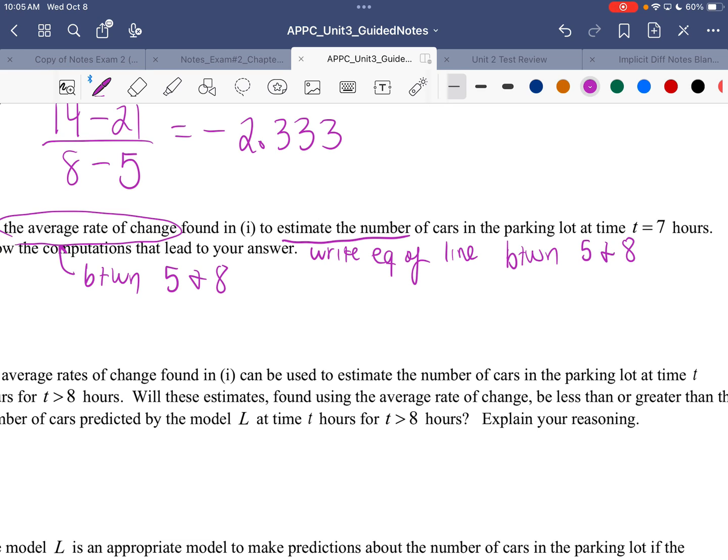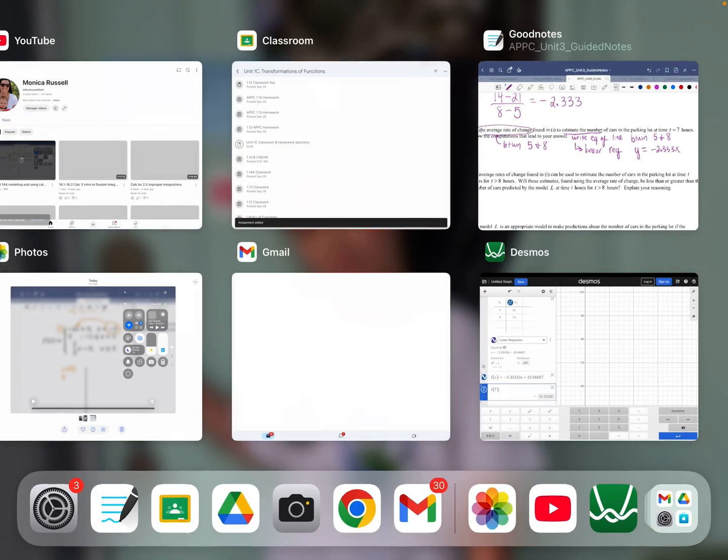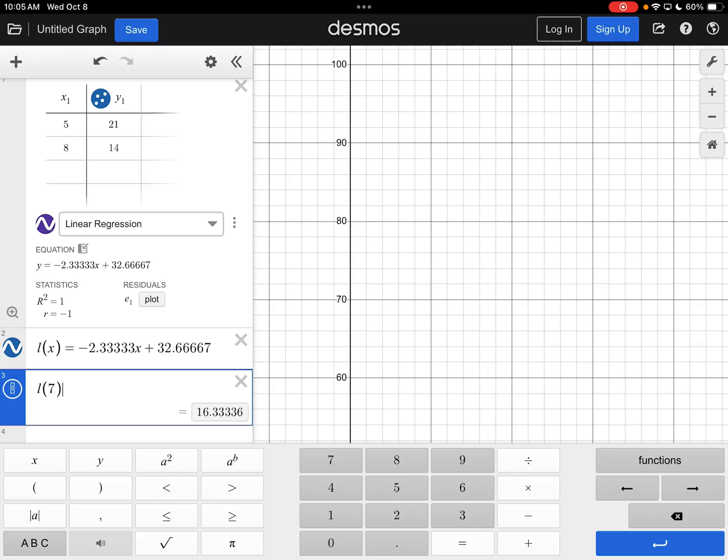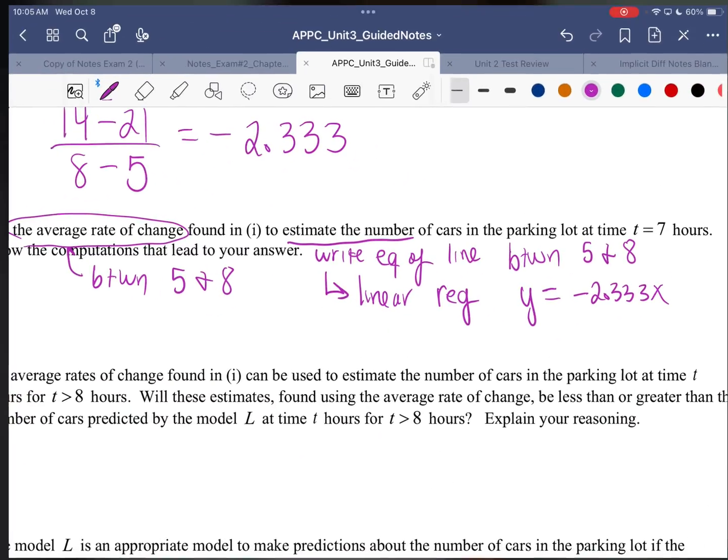Between 5 and 8. So for our equation, we can just do a linear regression between them. A linear regression gave us negative 2.333x, and I don't remember the other number, plus 32.6 repeating.